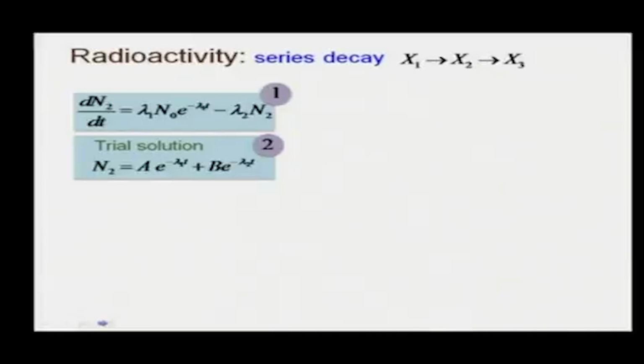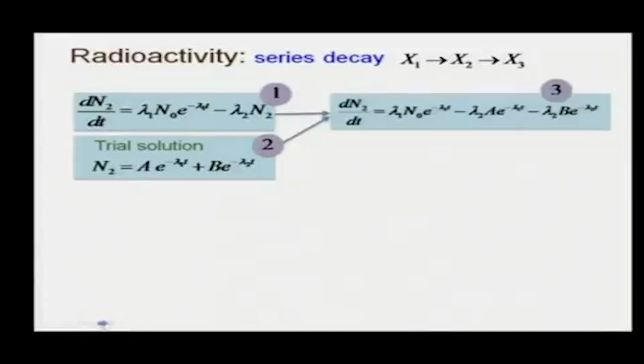This is again expected because there is N2 in equation 1, and N2 itself is expected to also have a decay part. The x2 nuclei decay to x3, and therefore an exponential minus lambda 2 t kind of term is also expected. So, we will take this trial solution. We do not know how much the weight factors A and B are, but we will find that now.